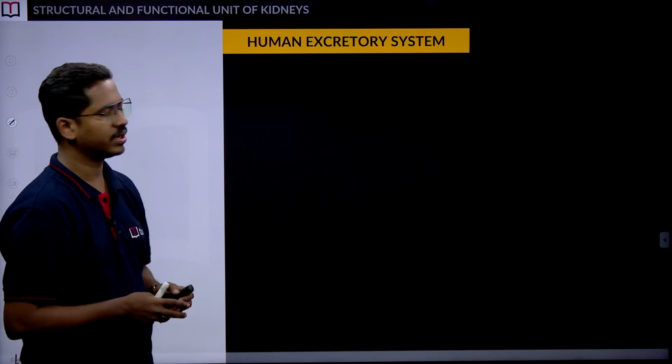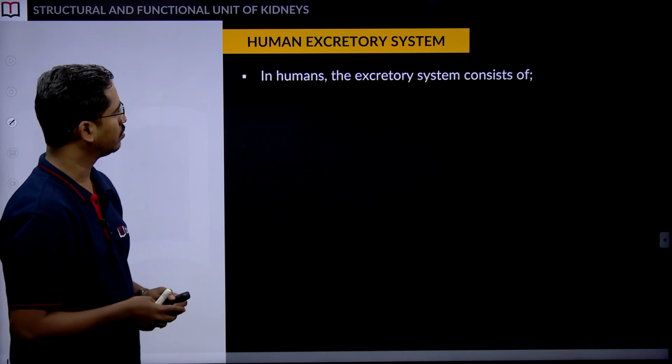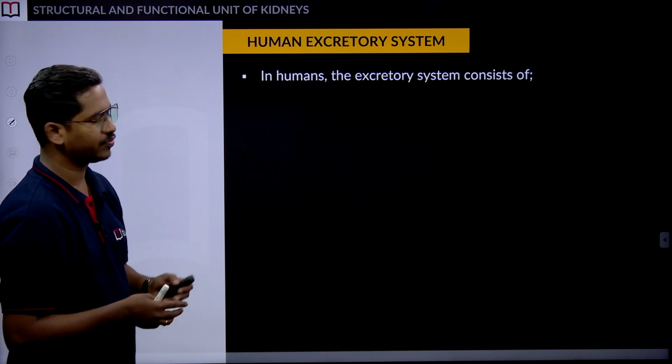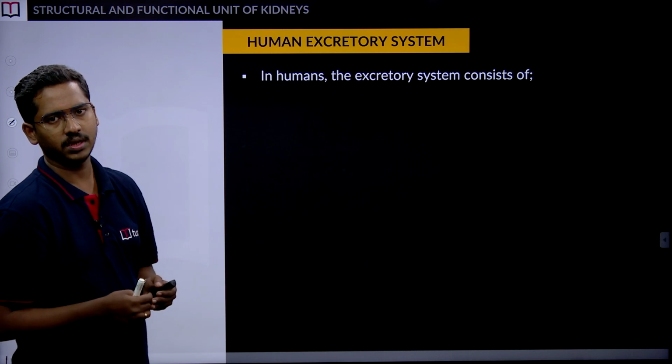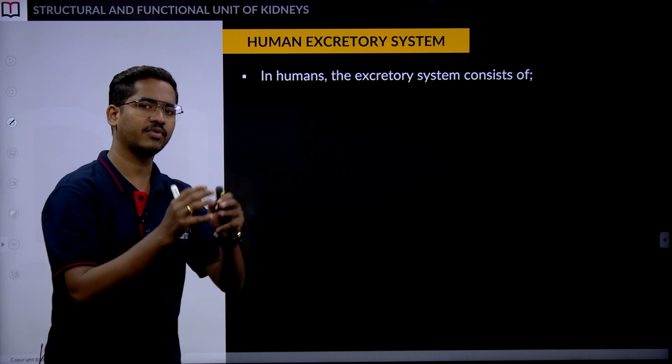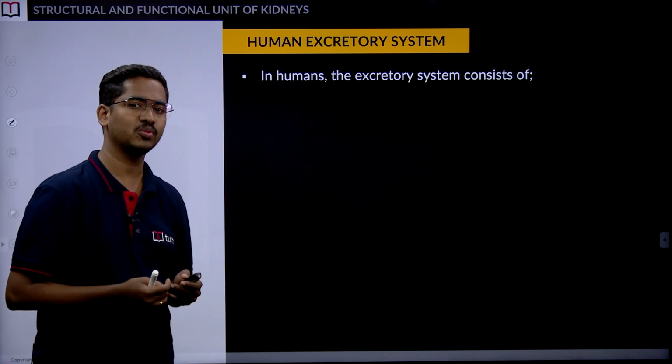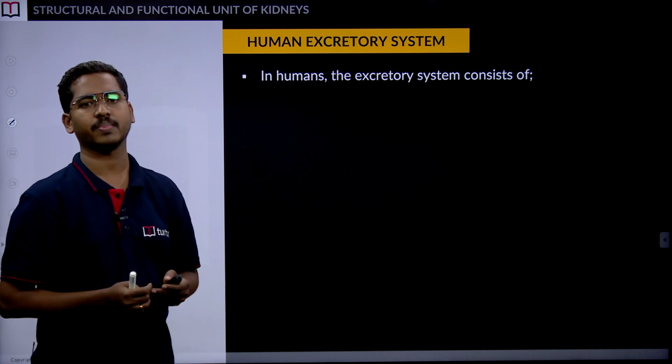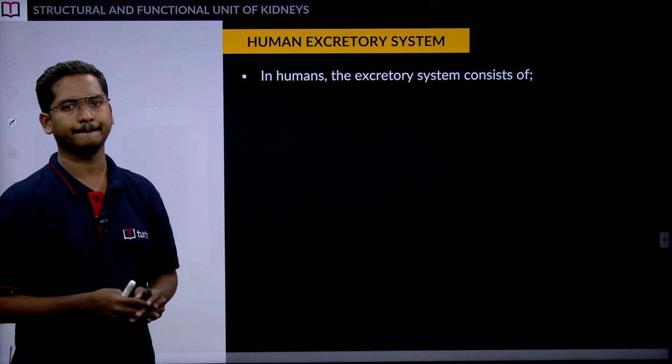So that is the human excretory system. Here you would be seeing the excretory system of humans consisting of the labelings. If you can get me in your chat box, children, what are the different labelings we find in the human excretory system? You can put it in the chat box, children.